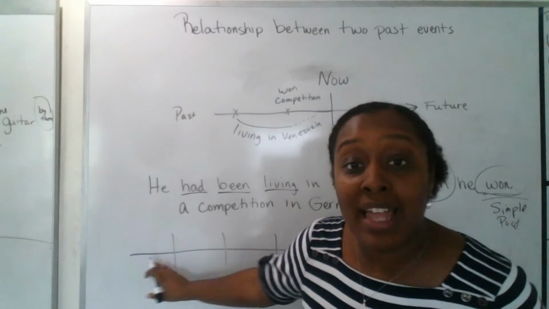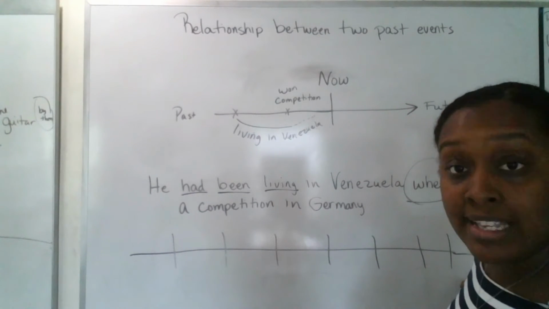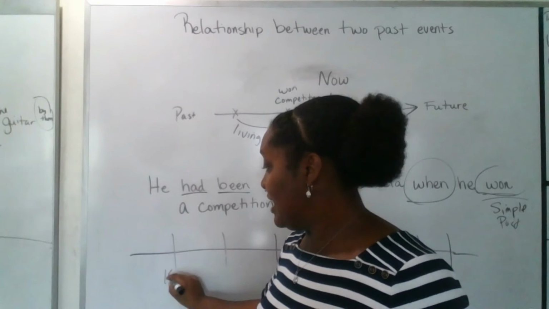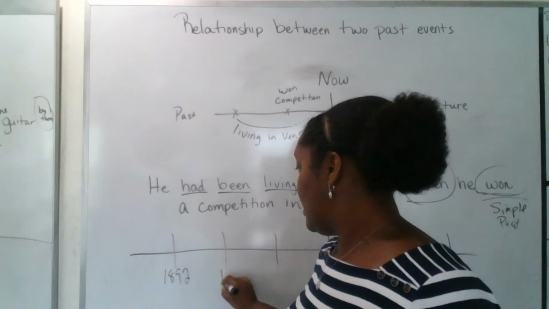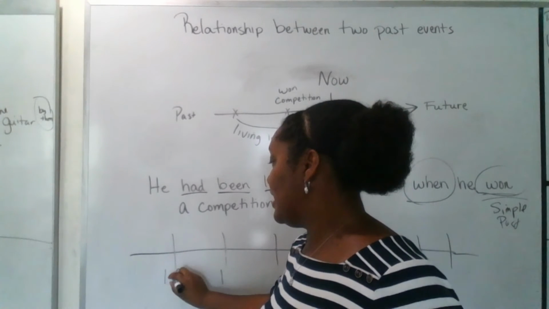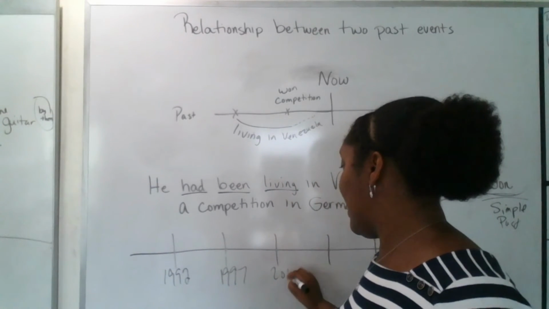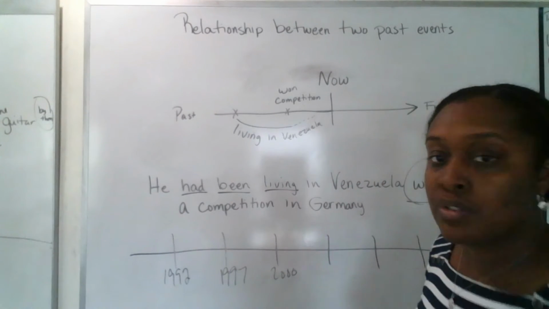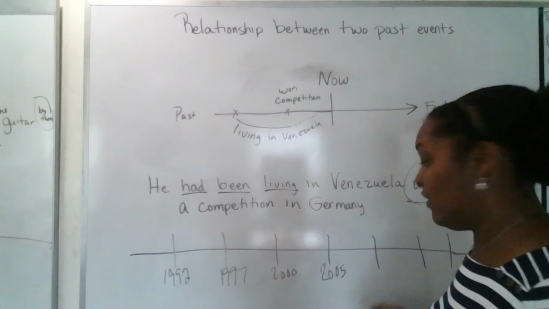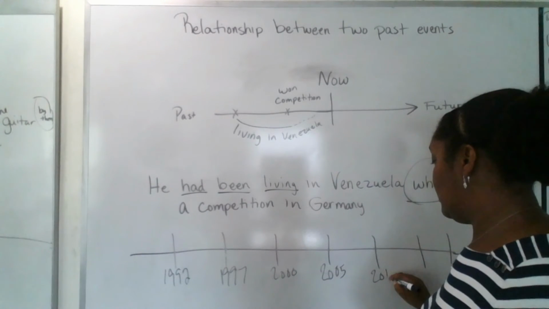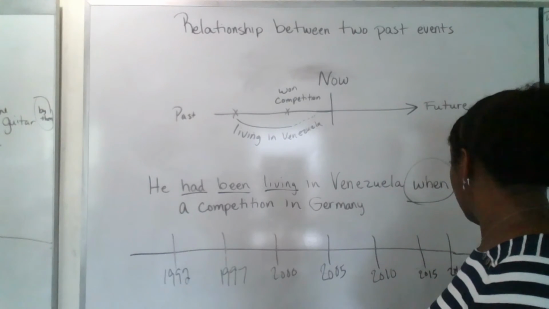On your timeline, I want at least 7 years, for example 1992, 1997, 2000, 2005, 2010, 2015, 2018.